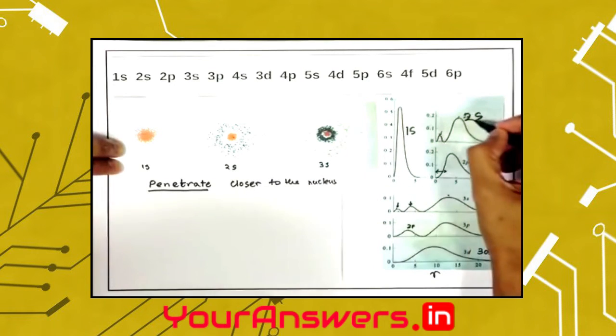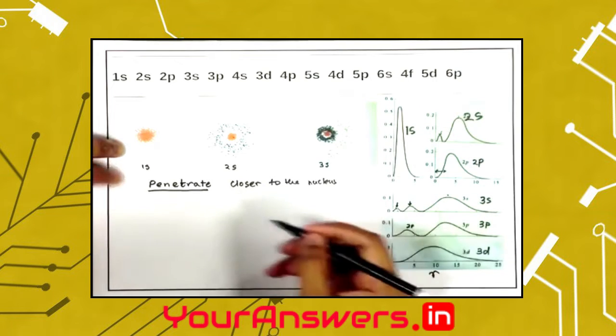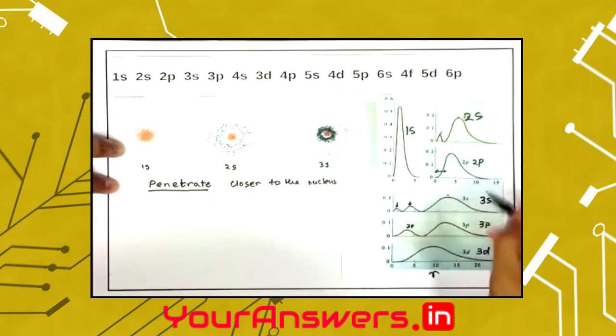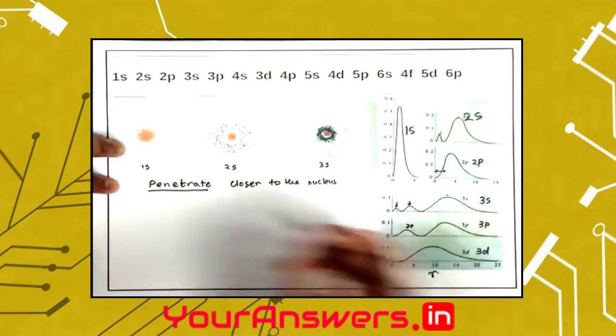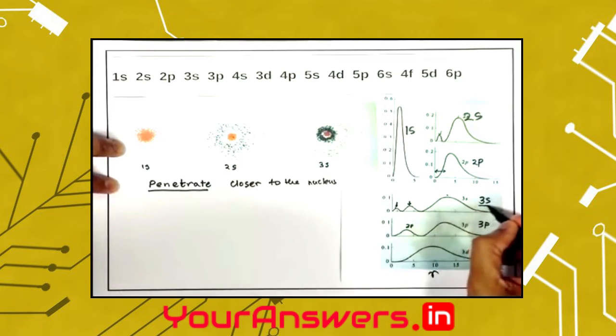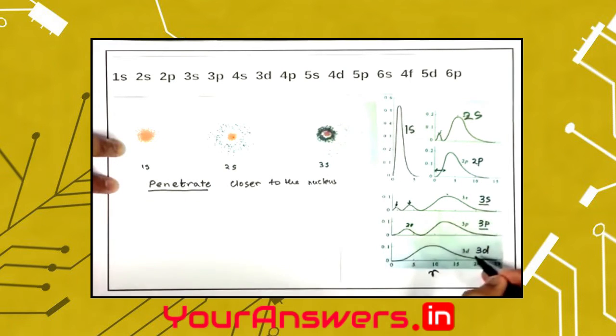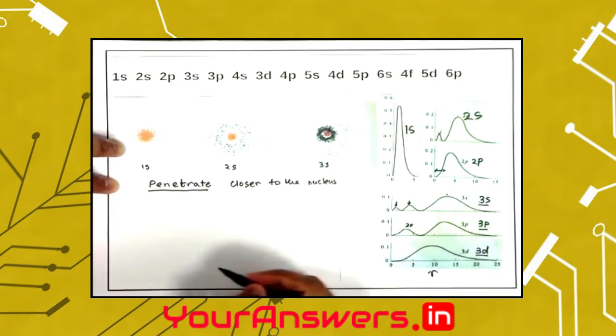So therefore, the electron in the 2s orbital will be much more stable than 2p, and the same reason applies for the 3s orbital electron, which can go closer to the nucleus, has less energy compared to 3p, and the 3d electron has even higher energy.